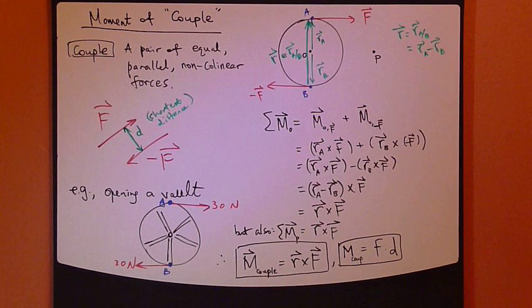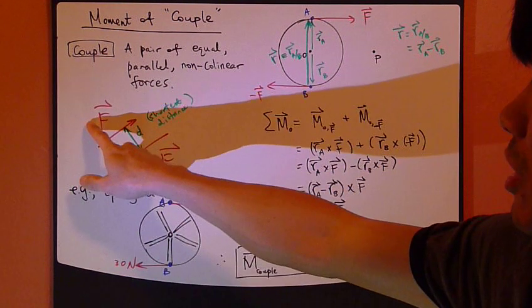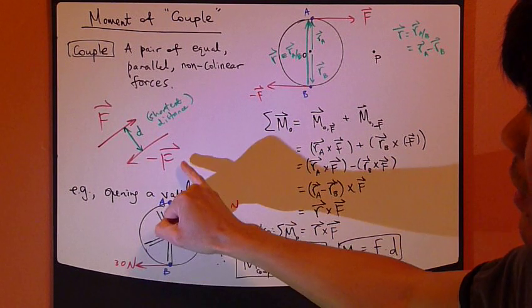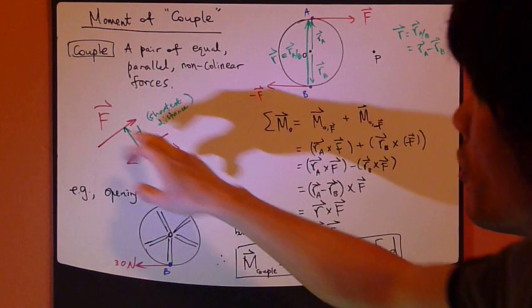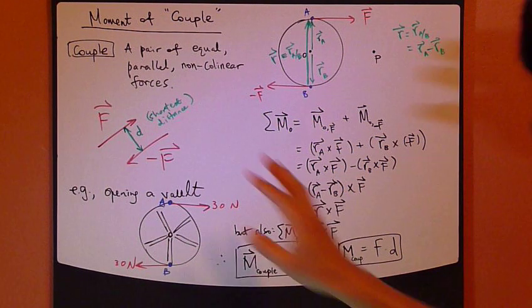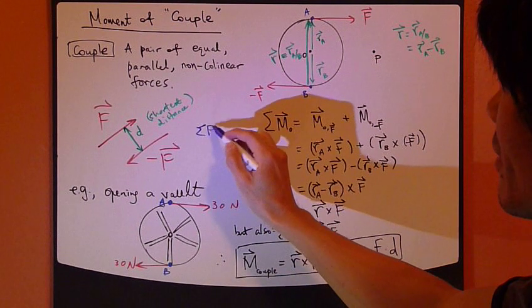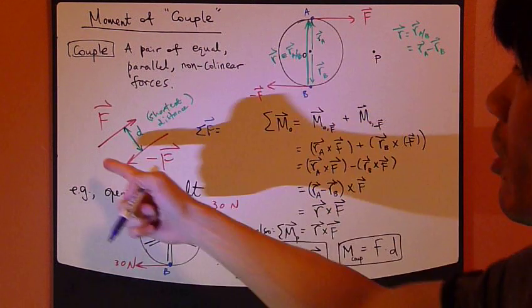Now, this force can be thought of as F. The other force has the exact same magnitude, it's negative F, since it's the opposite direction. These two forces are completely opposite direction. So if you do a sum of forces, this system has only two forces.